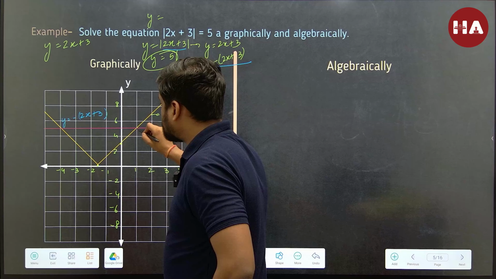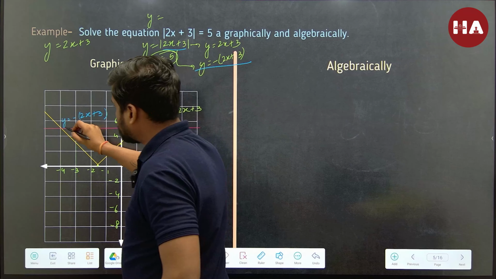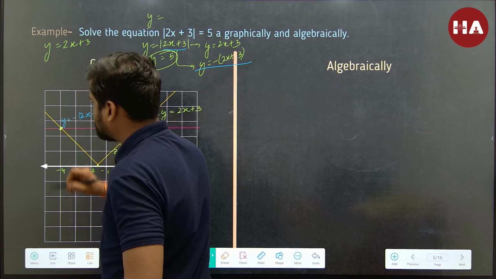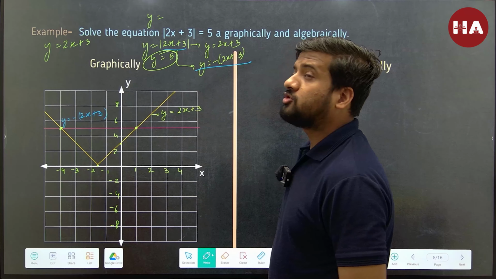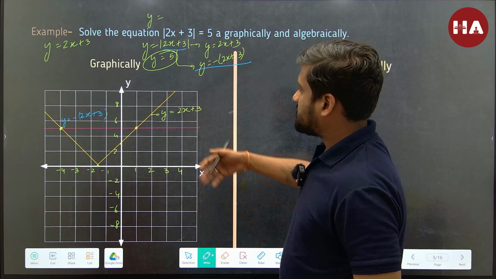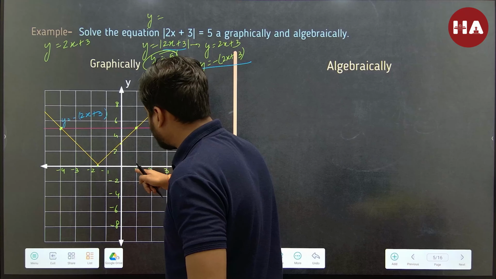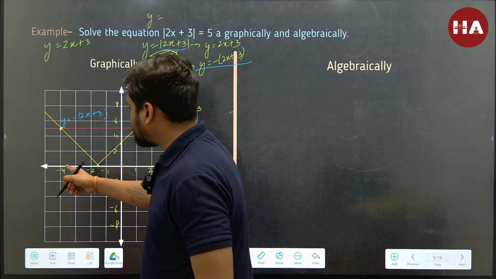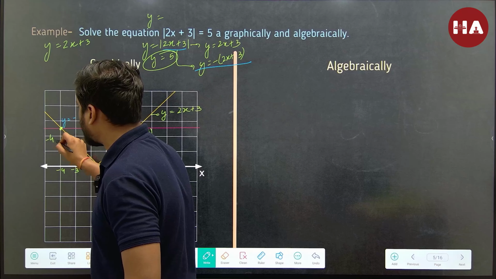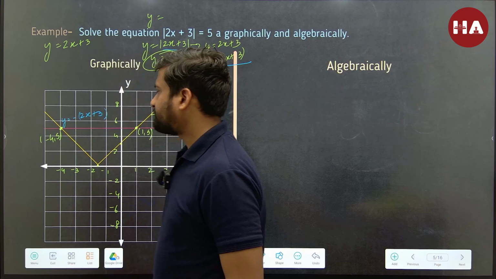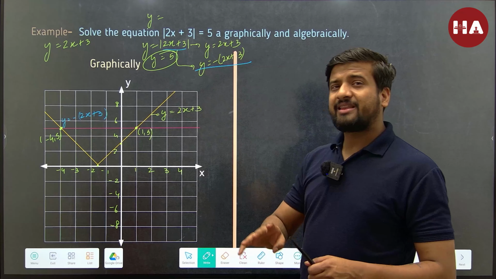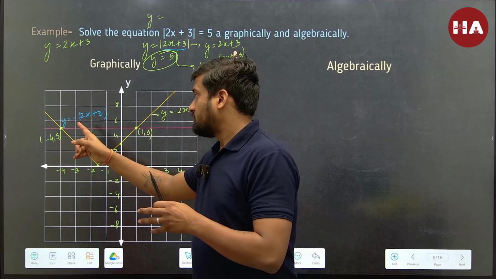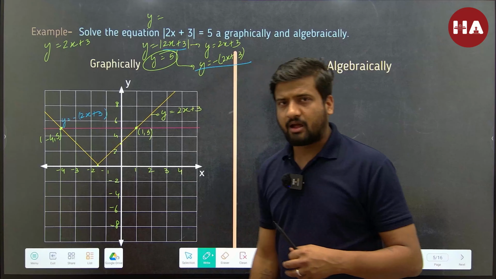The first one is this, second one is this, right? So how to solve the first one? Check graphically. What is the point? 1 comma 5. And what is the second point? Minus 4 comma 5. Since we are getting an exact value, we can answer it out, right?